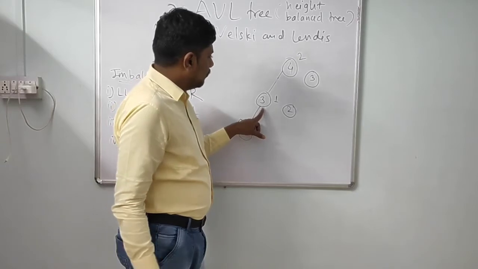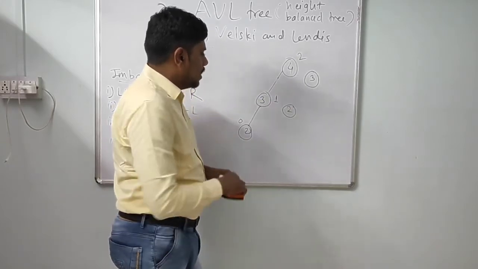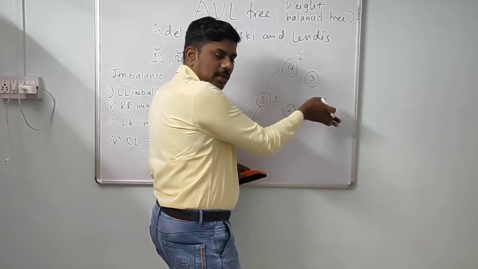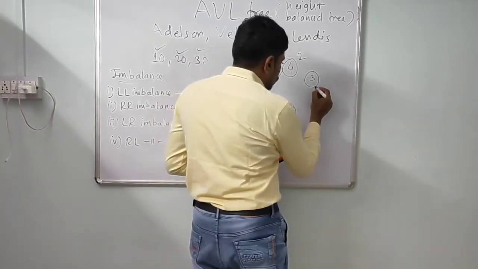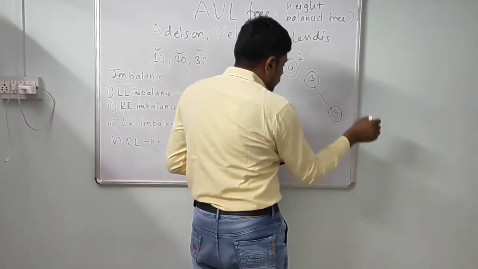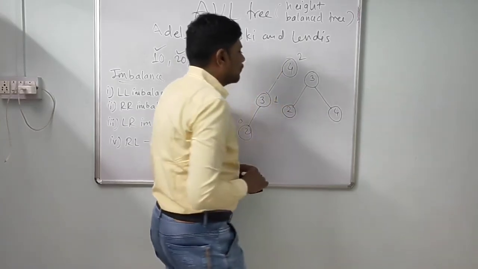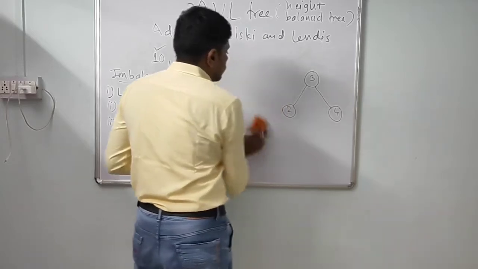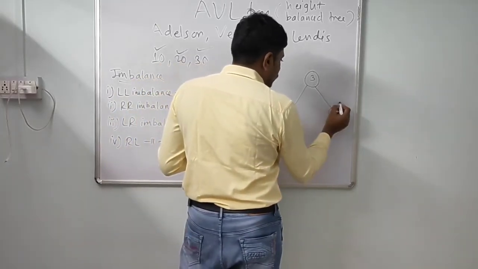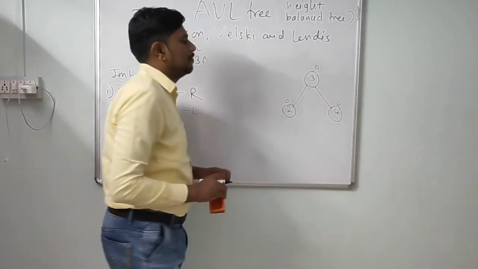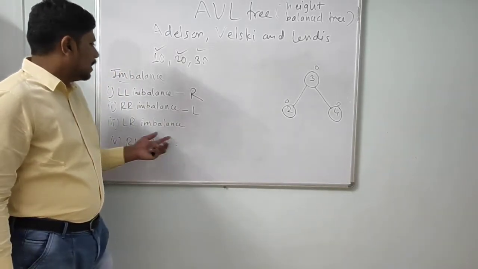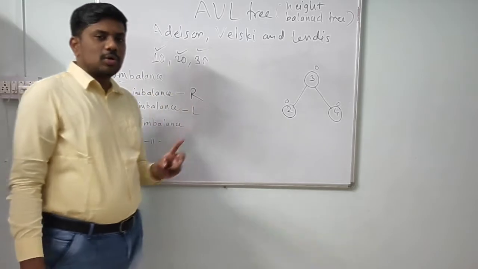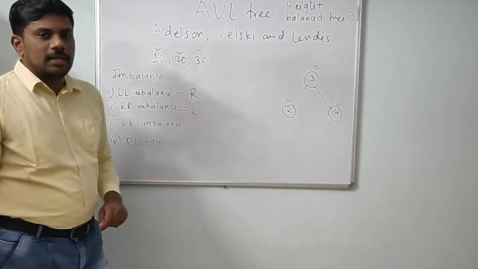Automatically 4 will be pushed down to the right side. That is right rotation. Now you can check the balance factor of each node. They are 0. So this is LR imbalance and its rotations: a double rotation in case of LR imbalance.